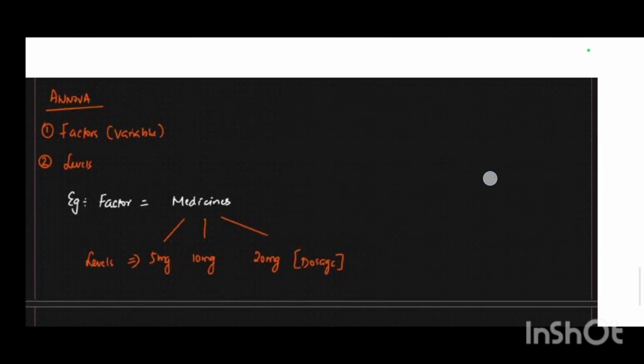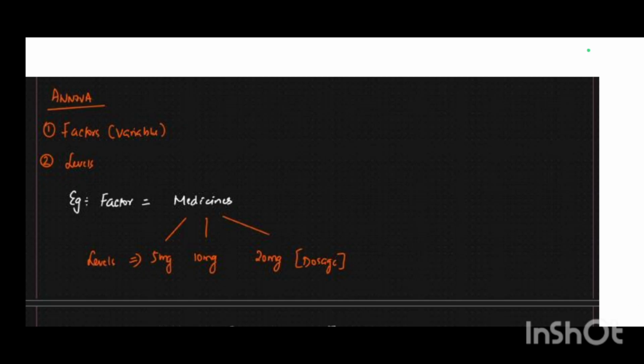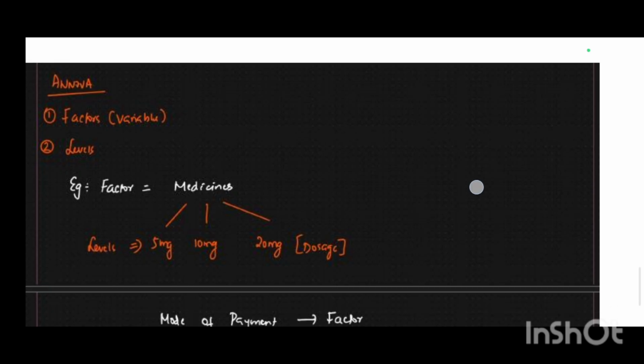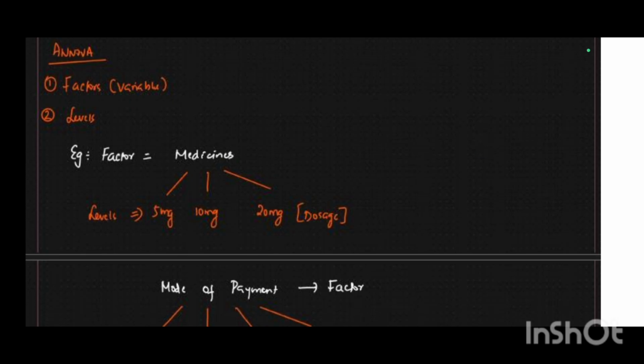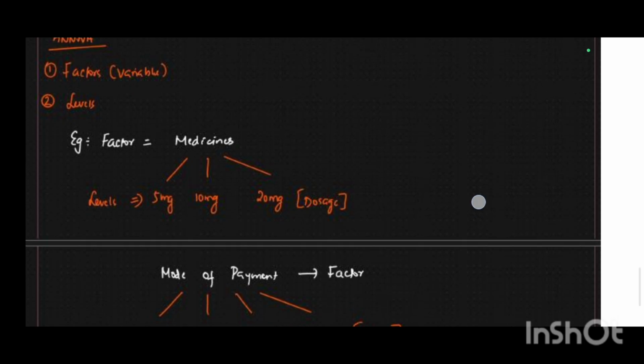Let's see the ANOVA factors like this. If you consider the medicines of 5 mg, 10 mg and 20 mg, do they differ significantly or have the same effect?